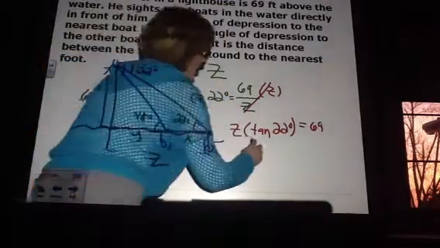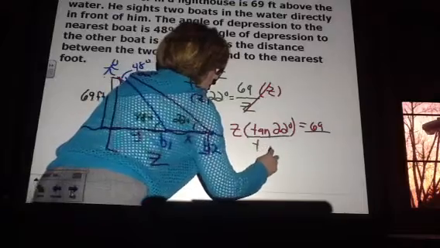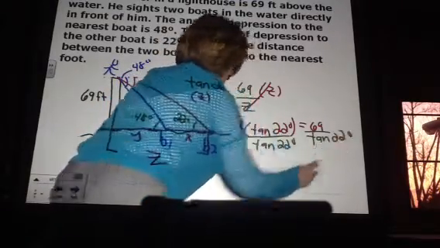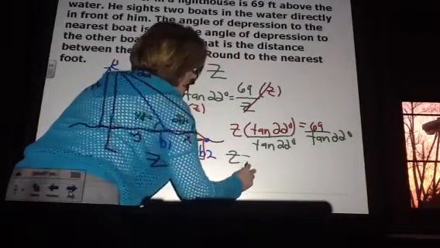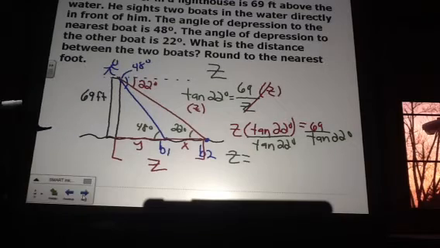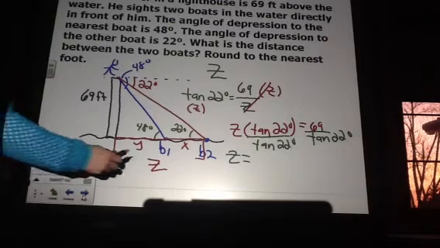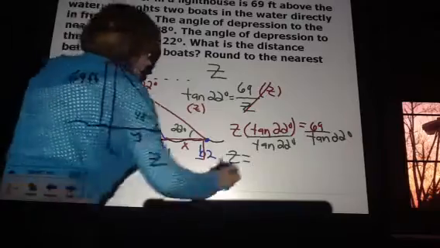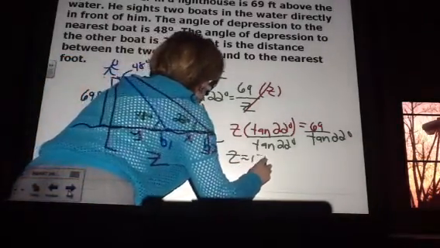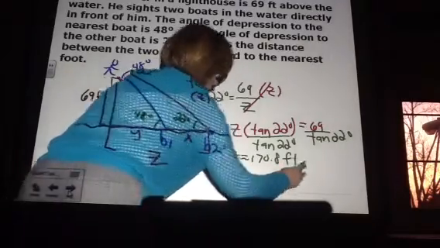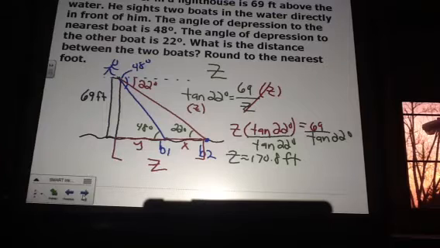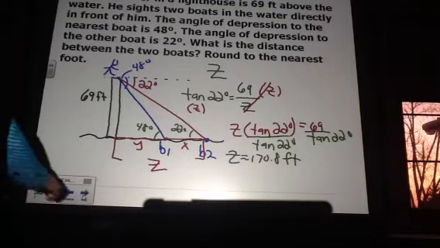Then we need to divide both sides by the tangent of 22 degrees. So Z equals 69 divided by the tangent of 22 degrees. Key all that in your calculator, round at the very end, and you're going to get approximately 178 and 1/10 of a foot. Okay, so we have Z.